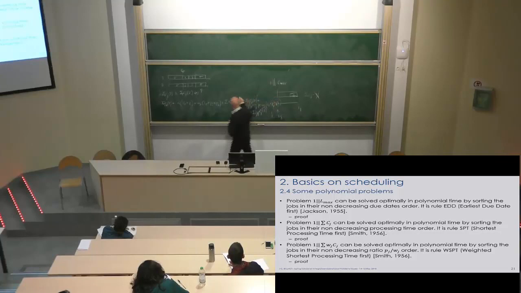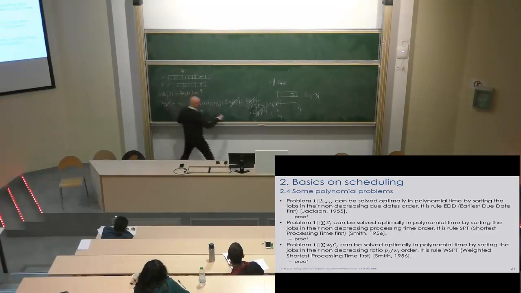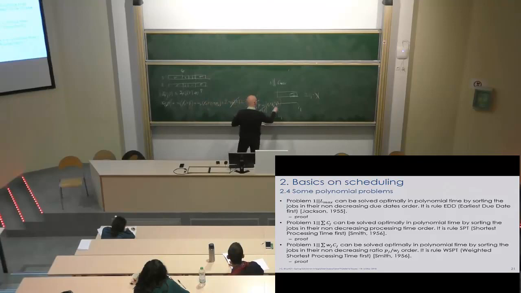So we can simplify like this. Then we have wjCj, wjpj, wiC sigma, and wipi. And at the end, you have wjpi less than or equal to wipj.